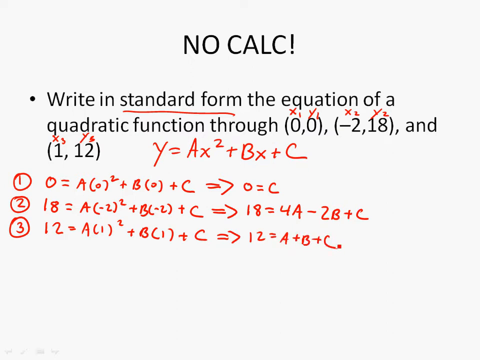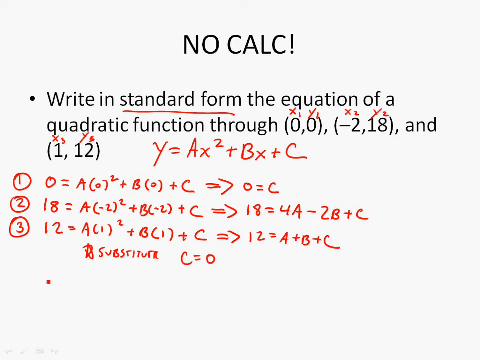Now notice this problem is to be done without a calculator. You'll notice one of the reasons why this is so. This is a really easy problem to do not using a calculator. And hopefully you notice because of the fact that 0 equals c, I can substitute c equals 0 into these two equations on the bottom here.